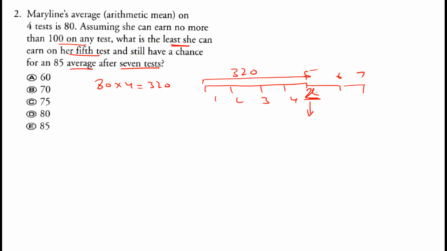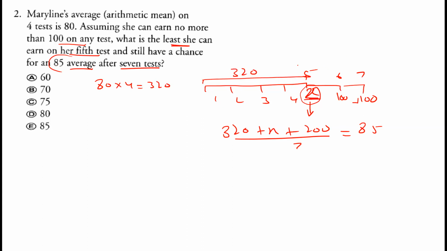The lowest number would be if I score full marks in the next 2 exams. That is going to make this x the lowest. Now, we have 320 plus x plus 200, since 100 plus 100 is 200, divided by 7, and the average should be 85.